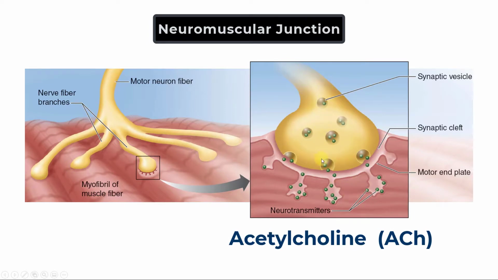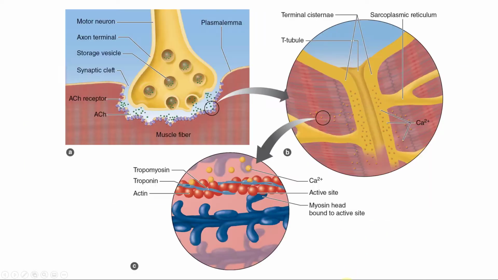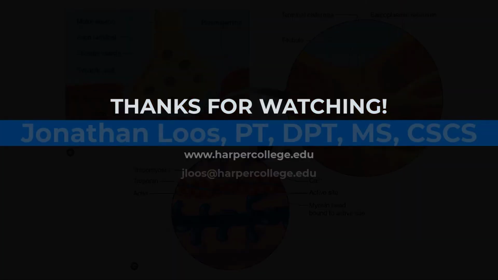If that action potential is coming down, it's sending its signal down, and then, as in the video that we had on the sliding filament theory, it starts that whole process of contraction, where you have the neuron sending the acetylcholine that's going down into the T-tubules, that's forcing the sarcoplasmic reticulum to release calcium, and then you start the whole binding process with calcium so you can get that cross-bridge formation. So if this is new to you, definitely watch that video in the muscular unit that's talking about sliding filament theory and neuromuscular contraction.